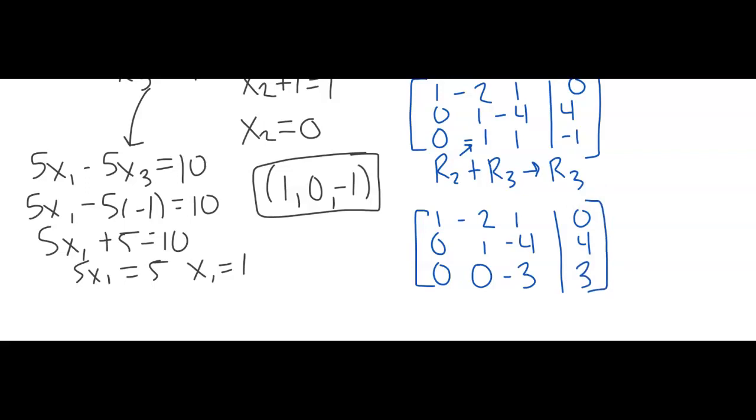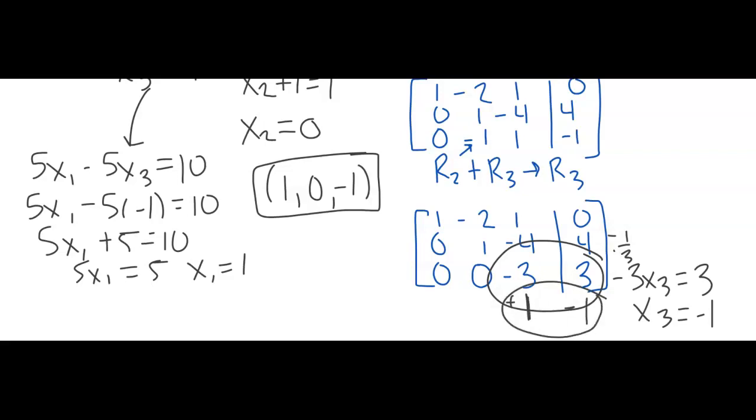Well, remember, if we go back to this being a system of equations, that means that this, if I write this the other way, must be true. Well, then x3 must be -1. Another way we could do this is we could have multiplied this by -1/3 and gotten 1 equals -1, and then you'll have your solution.